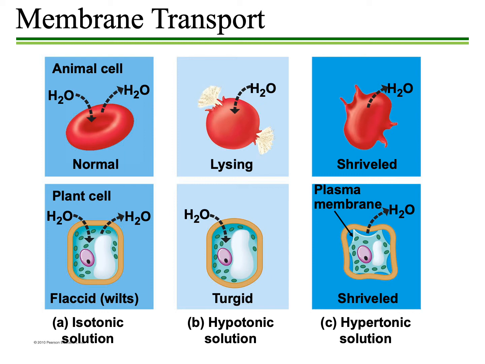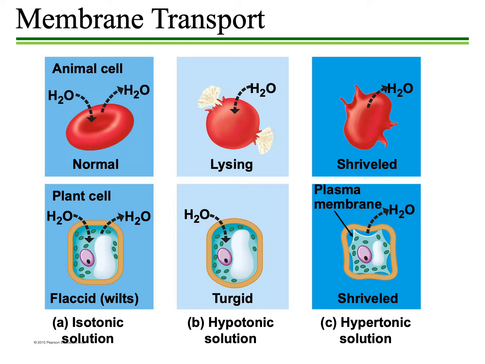One solution will be defined as the hypertonic solution, then by default, the other one you're comparing it to has to be the hypotonic, and vice versa. If you've identified a solution on one side of the membrane as hypotonic, the one on the other side has to be hypertonic. The exception to that is when we're dealing with isotonic solutions, and those have the same solute concentration on either side of the membrane.